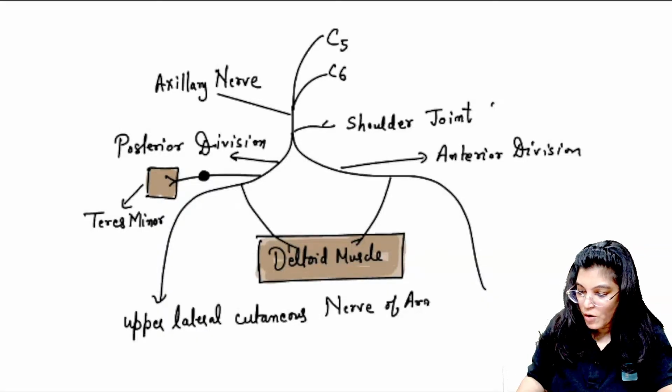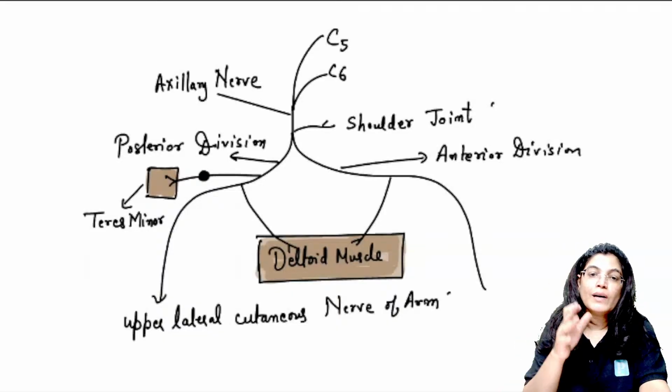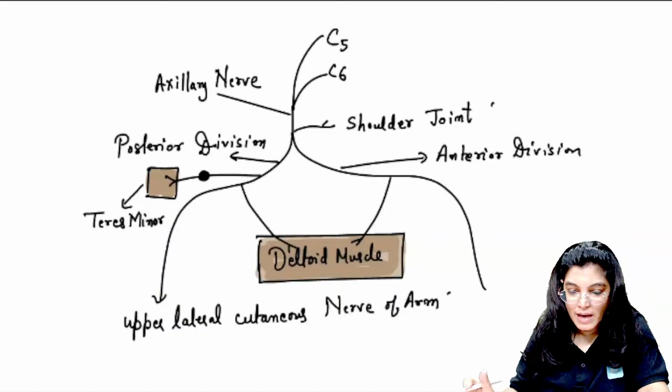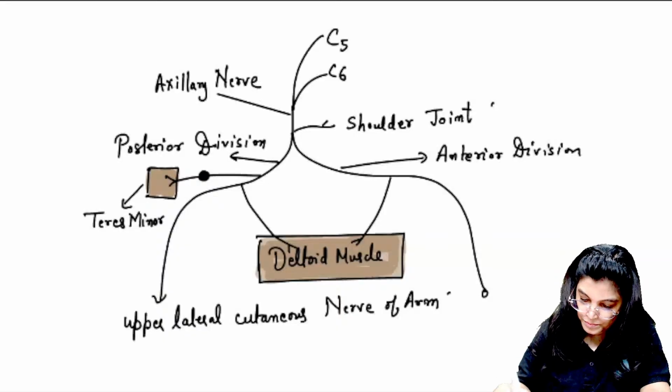My dear students, very important for you to note down that the upper lateral cutaneous nerve of arm is a branch of axillary nerve. Lower lateral cutaneous nerve of arm is a branch from the radial nerve. Okay. And this will give innervation to.